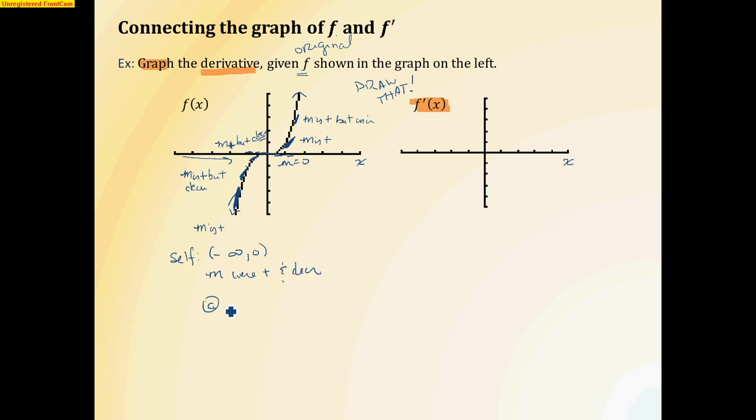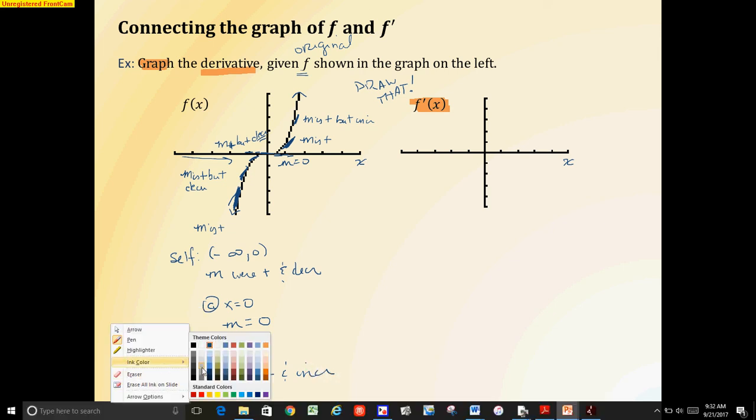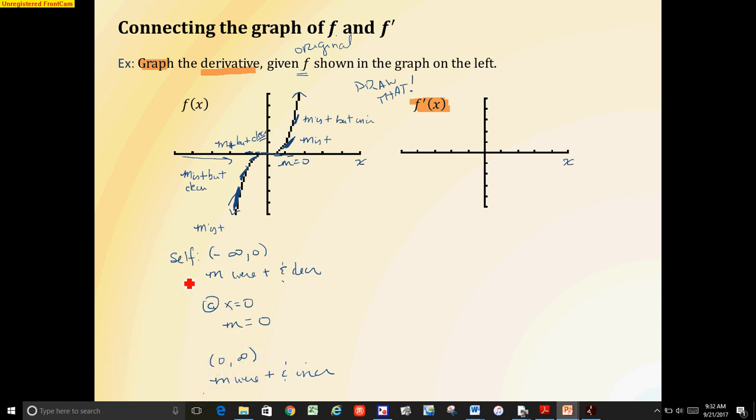At 0, slope 0. From 0 to infinity, the slopes were positive and increasing. And get used to writing things like this, or at least seeing things.